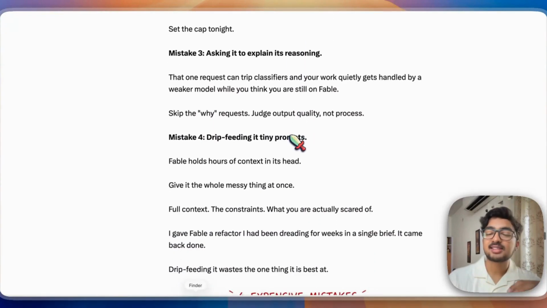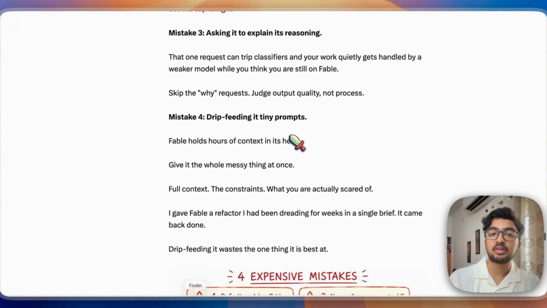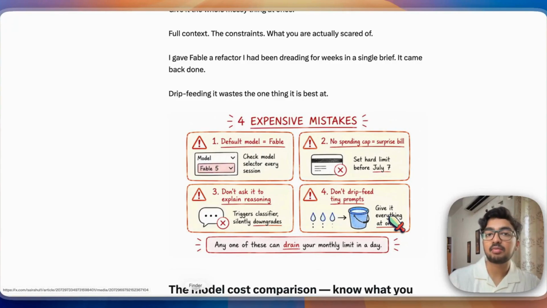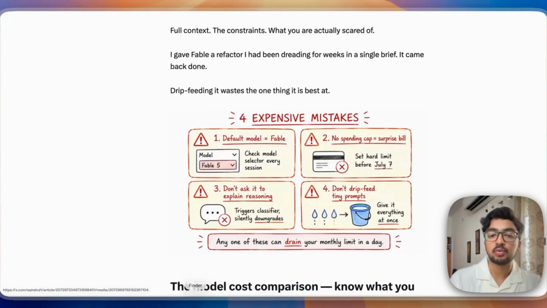Asking AI to explain its reasoning often becomes a bigger headache, because it starts giving a lot of answers and can fill up the context window very fast, so avoid doing that. And drip feeding it in tiny prompts: people prompt AI word by word in smaller sentences. What you should try to do is give it everything at once, so that AI computes all those things and then gives a structured output to you, right?